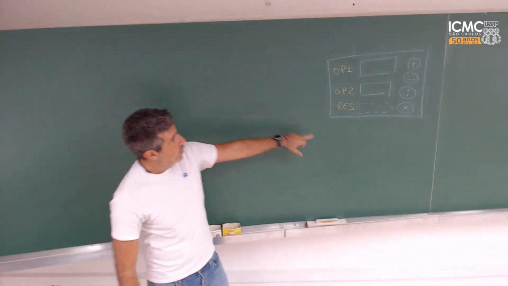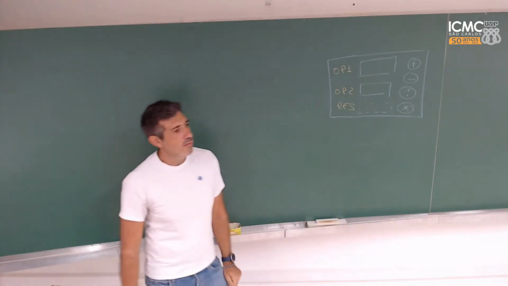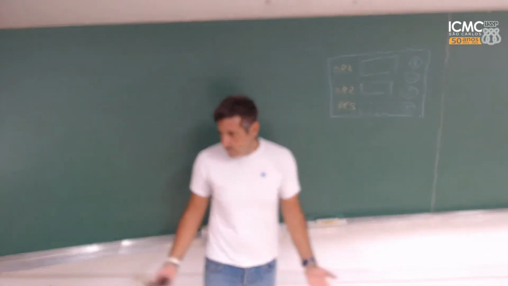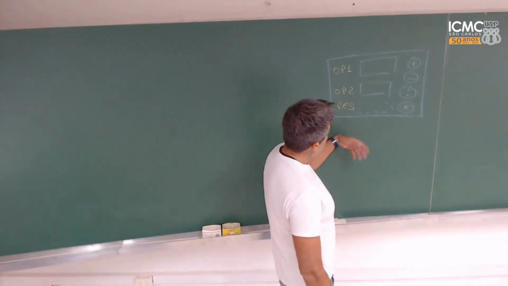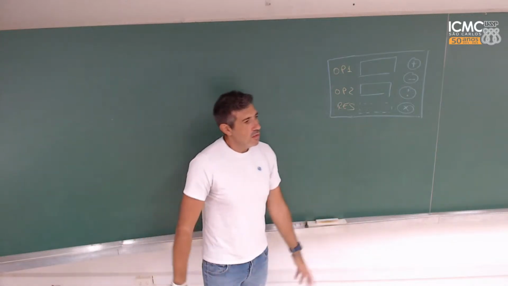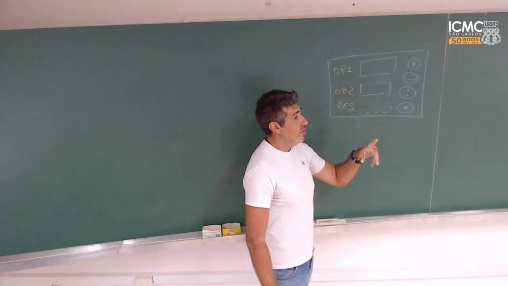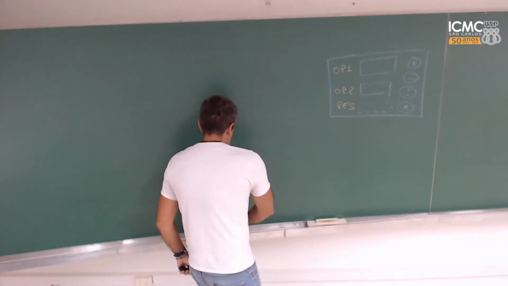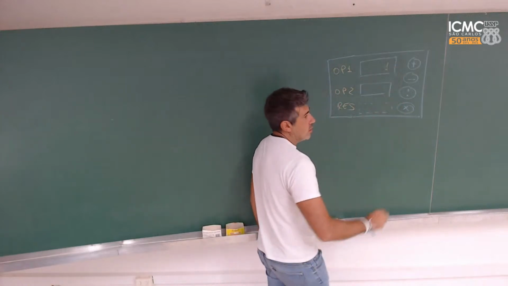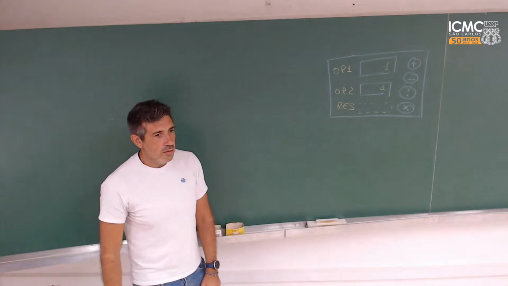Okay, Junior, from your point of view, what is this user interface? It's a calculator. For you, it's a calculator. And how do you test this calculator? I insert a number. Okay, you insert, as an example, 1, and then you click one of the operators, right?